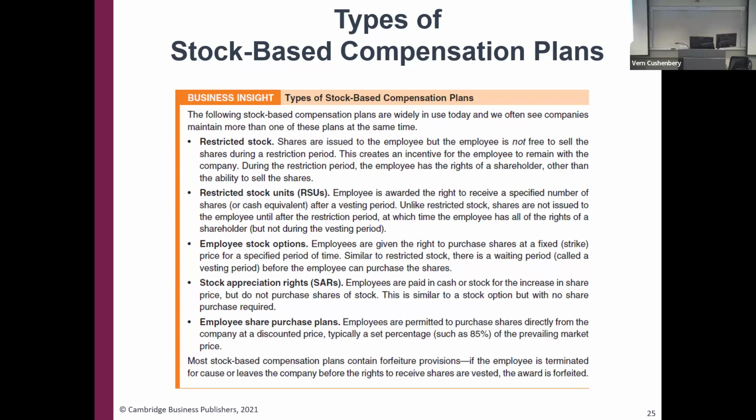Any time period can be identified by stock appreciation rights. So if on day one, when you're employed, you get stock appreciation rights and the stock's trading for $100 a share, and then by your third year in business, it's trading for $200 a share. Well, there's $100 in value there. You were along for that ride. You don't get $200 per share, but it's appreciated by $100 per share.